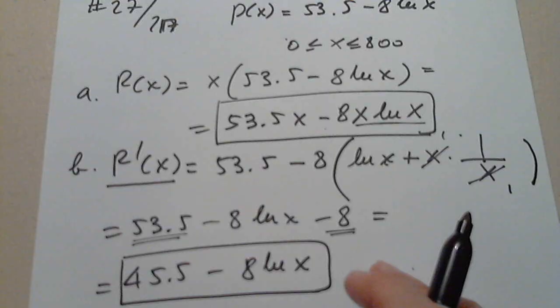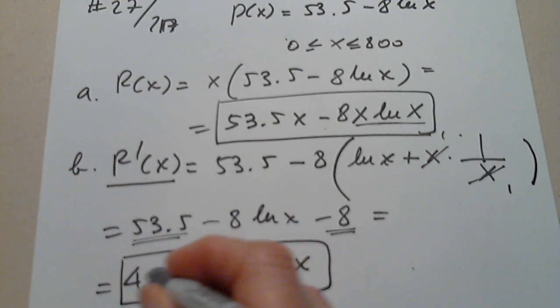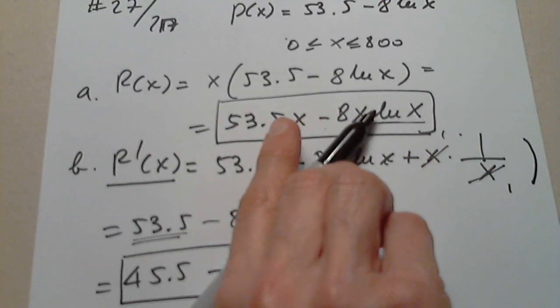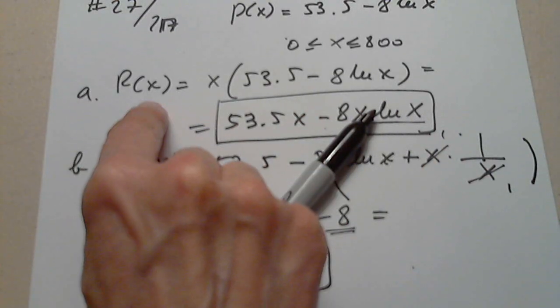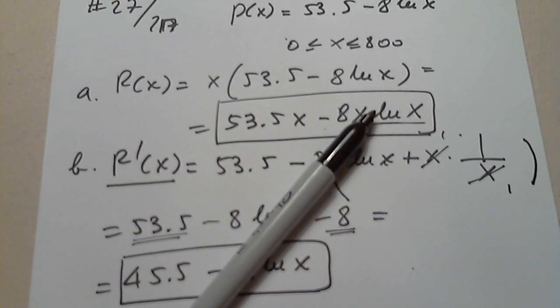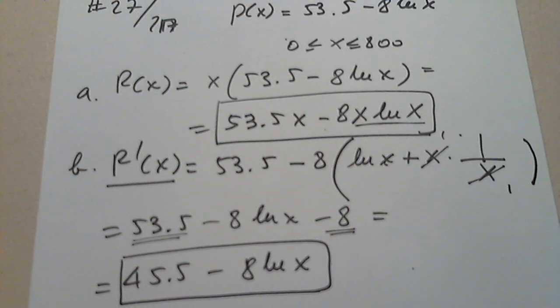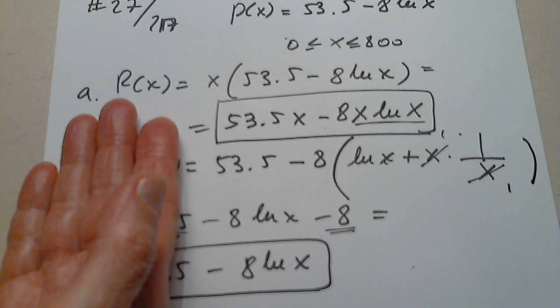Let me refresh your memory. This function gives the slope of the tangent line to the graph of R of x at any point where the function is differentiable. That's what we used in the previous example. Now let's see. It tells us how fast this function is changing, decreasing, increasing.